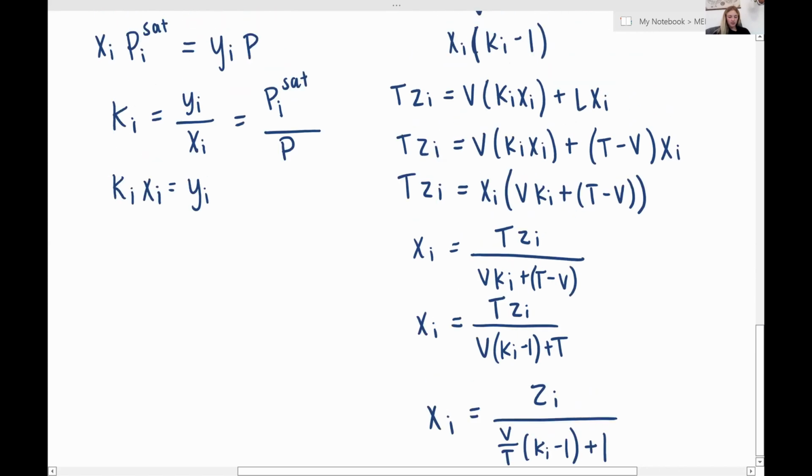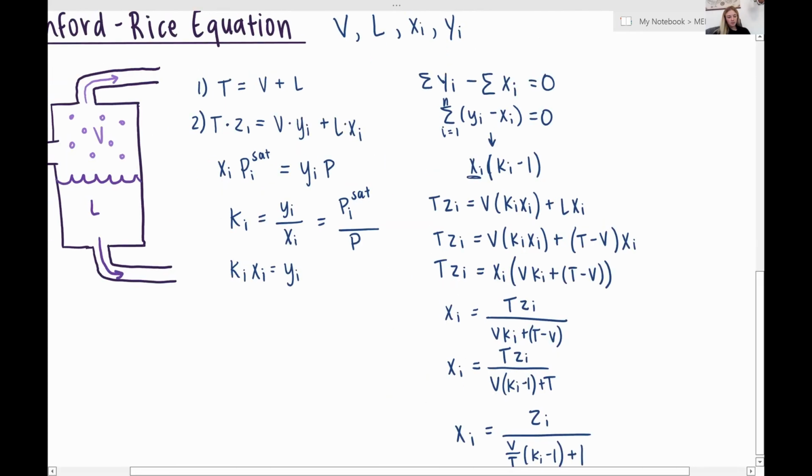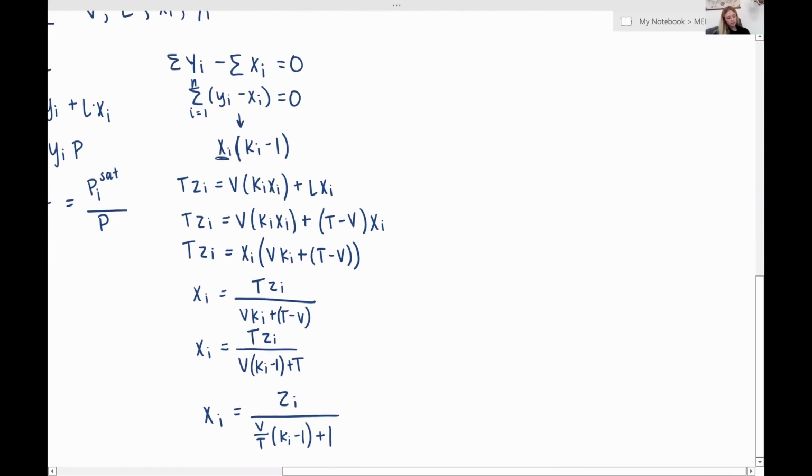We can make a substitution for this xi up here in our summation equation, and that's going to give us our final Rachford-Rice equation. So I'm going to go ahead and clean some of this up and move it over here.